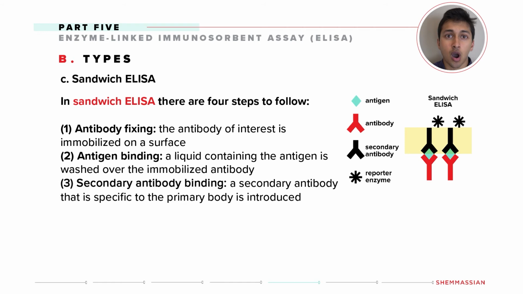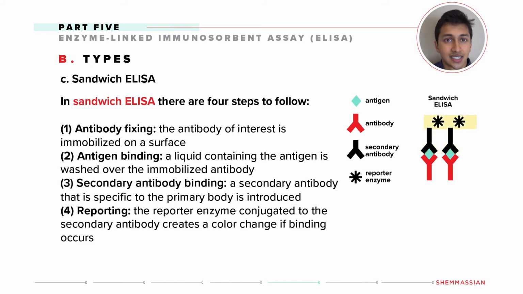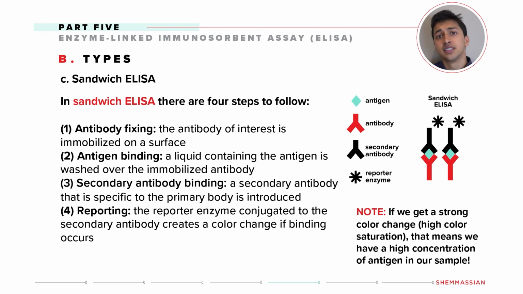Next, a second wash containing antibodies for the antigen is washed over, and those antibodies will bind to the antigen if it's present. This second antibody is connected to an enzyme that will lead to a color change if binding occurs. The stronger the color, the more of the secondary antibody has bound, indicating higher levels of the antigen.